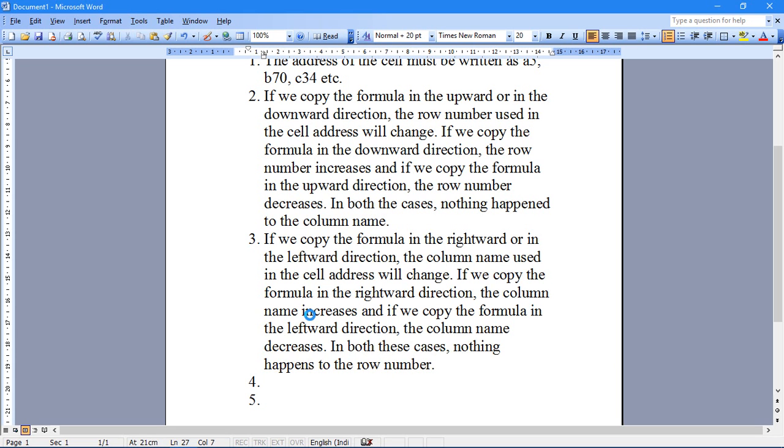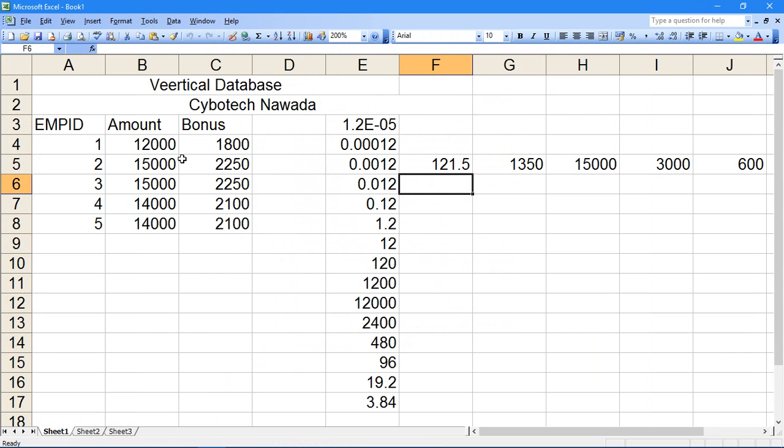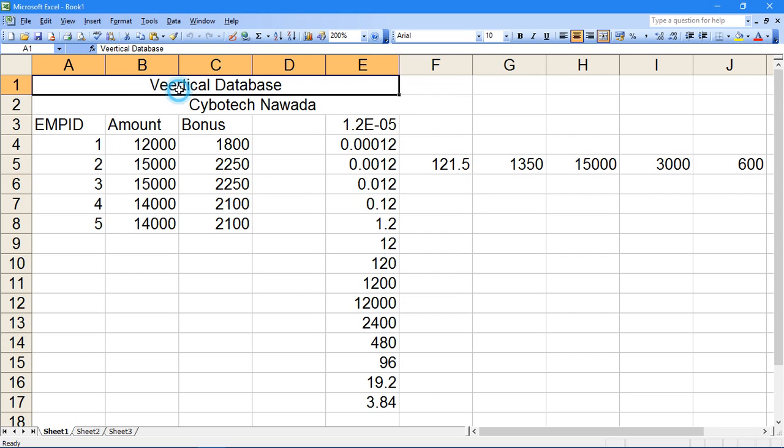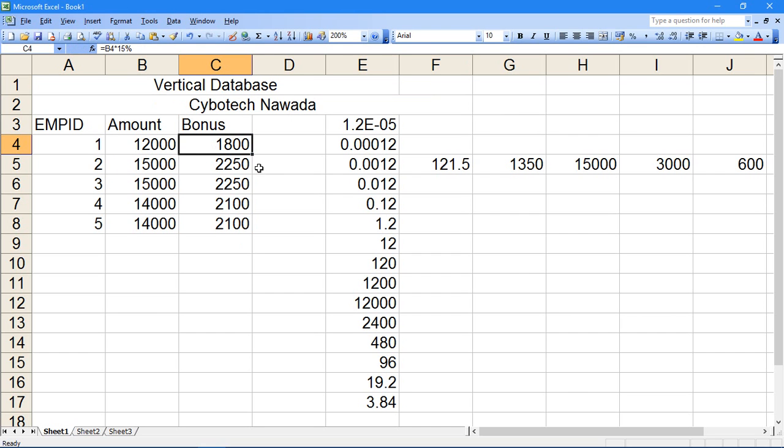Okay, this is what I'm trying to explain by using this formula. Actually it is beneficial. Here this is the example. In this vertical database, on copying the formula downward or upward, the row number is changed, that is beneficial for the user.